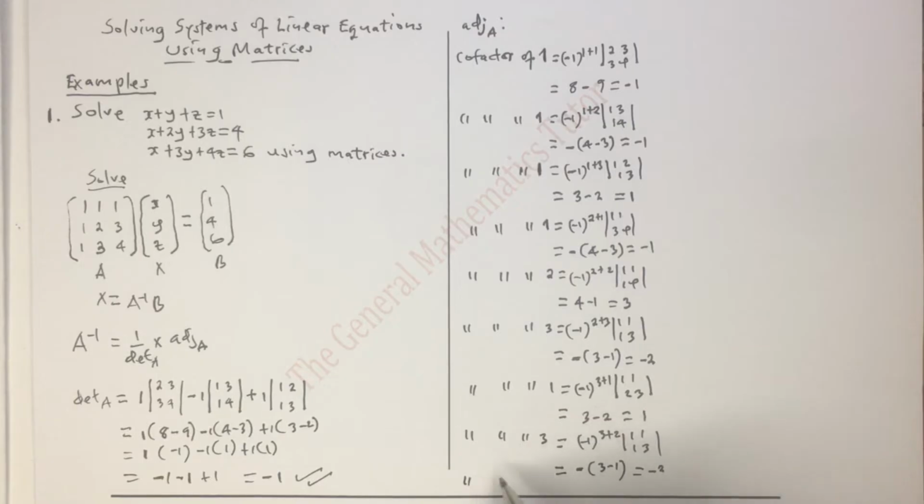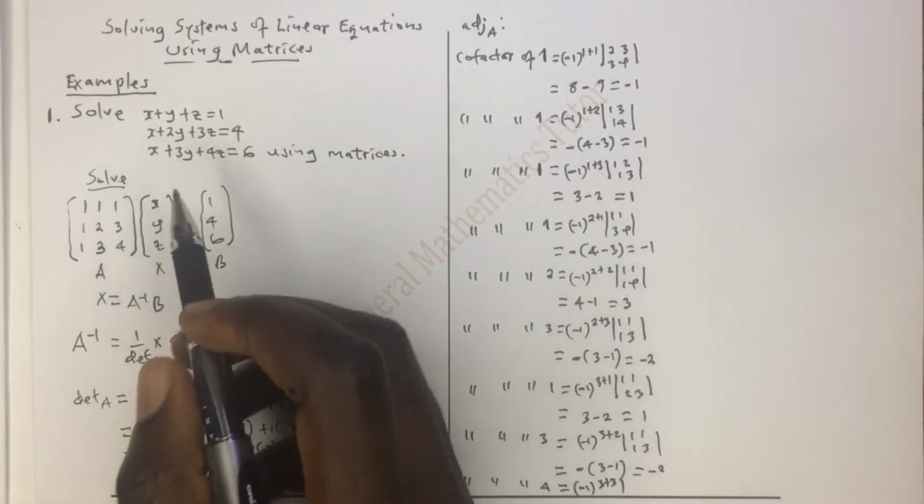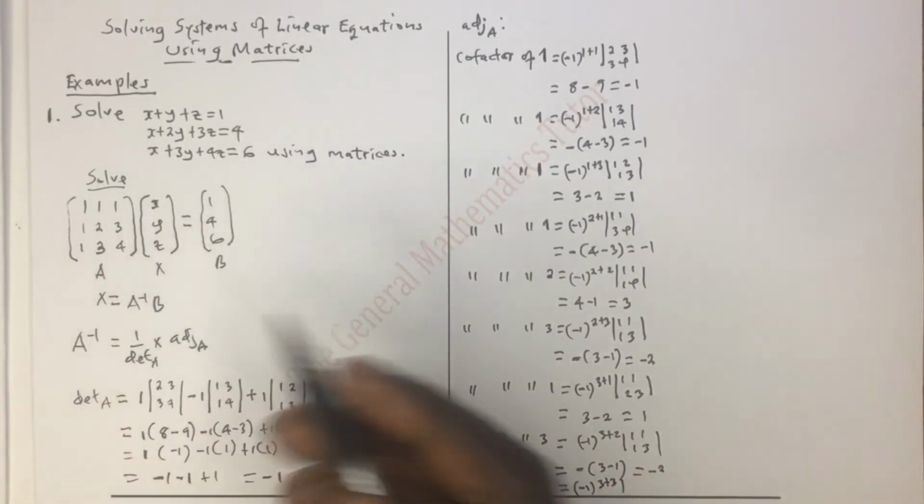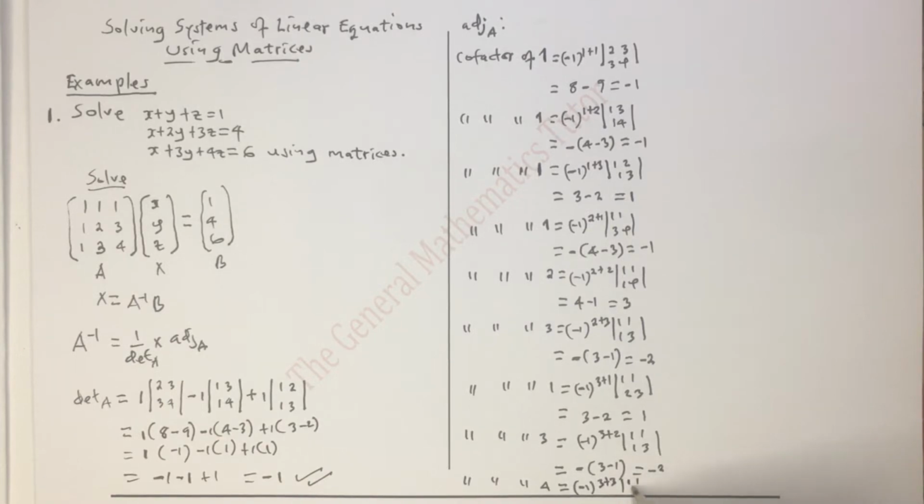So you can get the cofactor of the last element, which is 4. So 4 is in row 3, column 3, so 3 plus 3. And when you cover its row and its column, you're left with 1, 1, 1, 2.